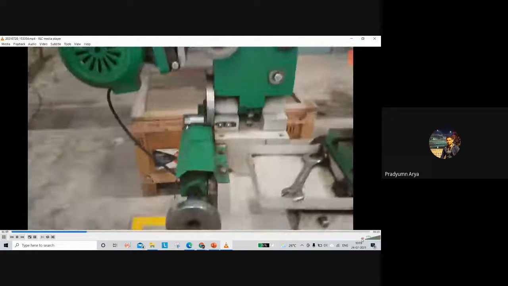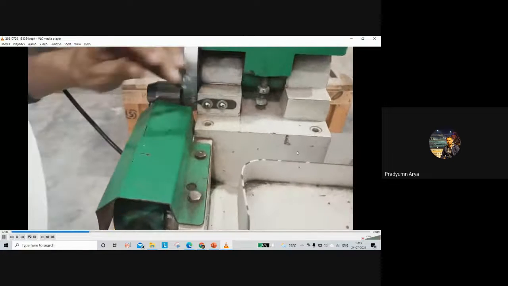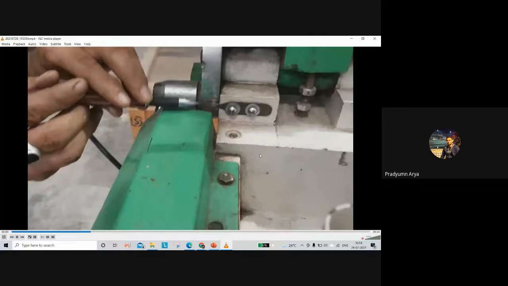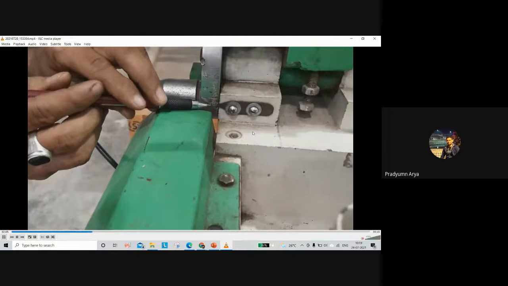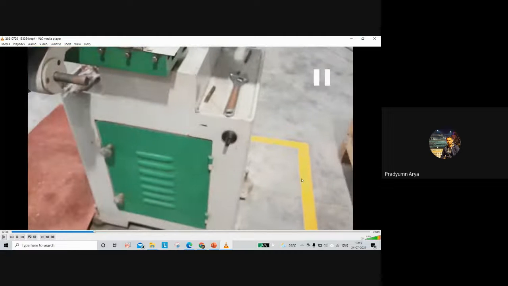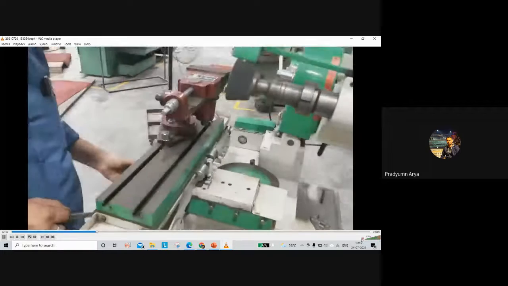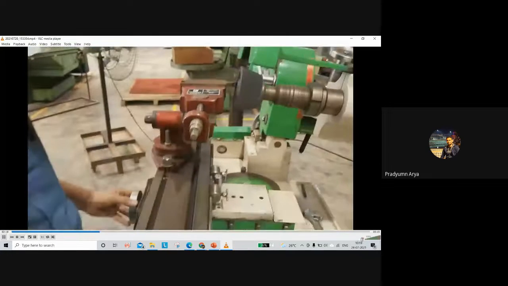Now first we are making the side cutting edge angle and relief angle, so we can set the angle with the help of the angle hand wheel. So we start the process with the side cutting edge angle.